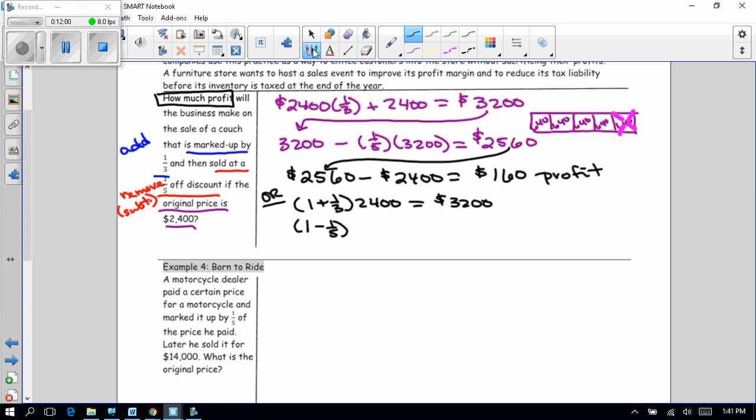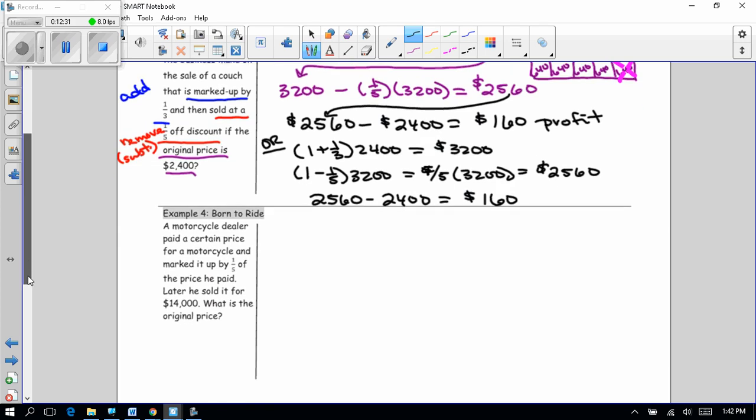And multiply that by the 3,200, right? Which is just basically 4/5. Oops, 4/5 times 3,200. And you would have still gotten 2,560, and then go back and do that last subtraction. 2,560 minus 2,400, and again, you made a profit of $160. So I know I'm showing you guys 2 ways, but pick the way that makes the most sense to your brain. All right, do the one that makes the most sense to you.